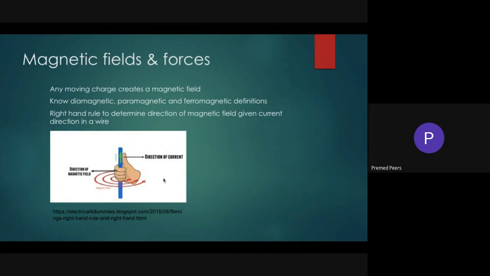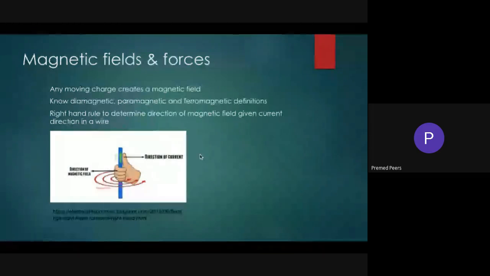My question was, is the magnetic field on this side of the wire pointing in or out of the screen? Okay, perfect. And then what about on the left side of the screen? Okay, perfect. Yep.